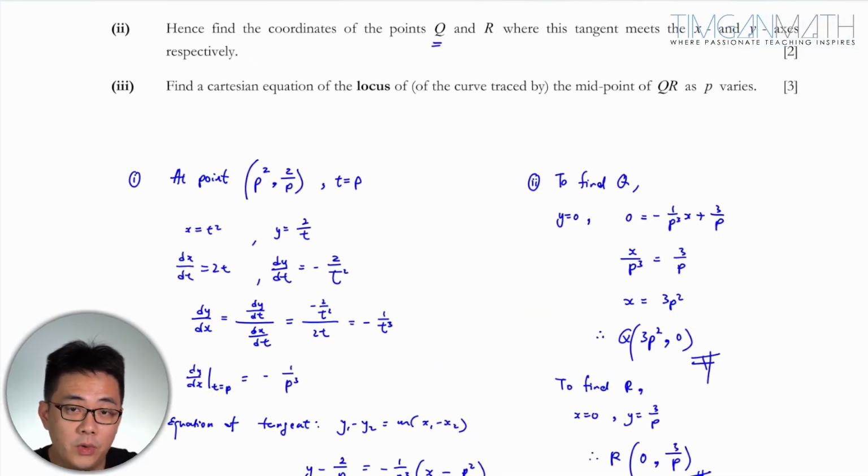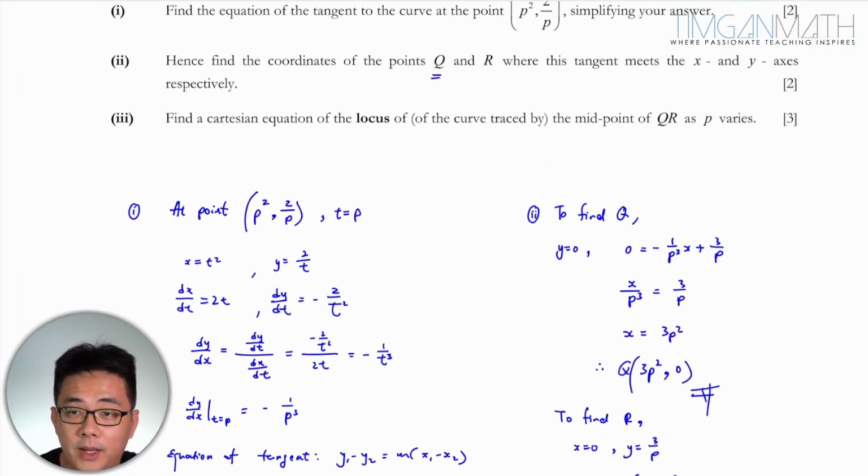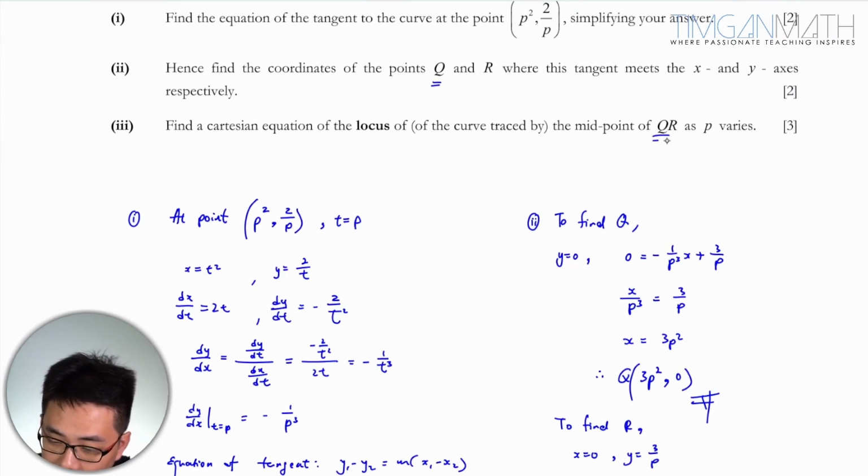For the third part, find the equation of the locus of the curve traced by the midpoint of QR as p varies.